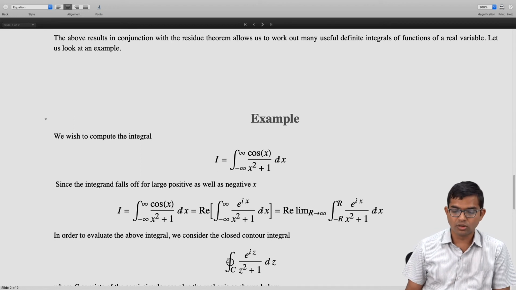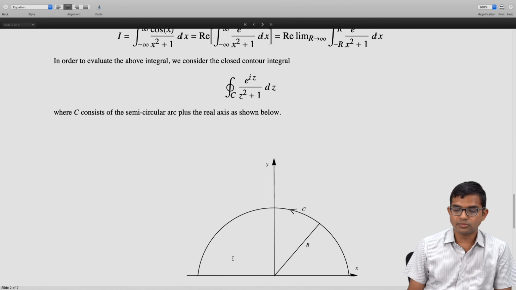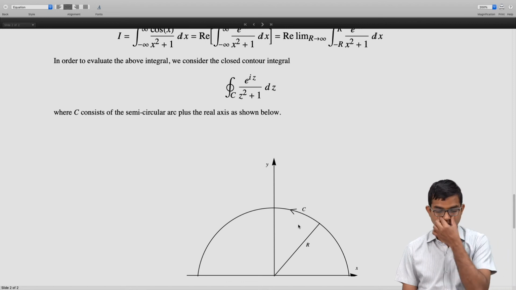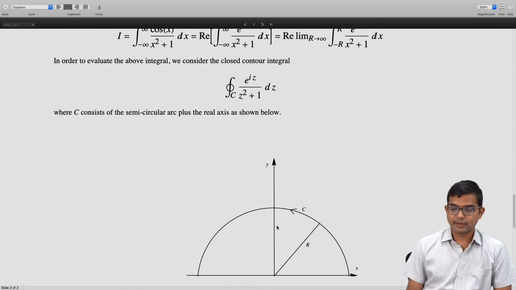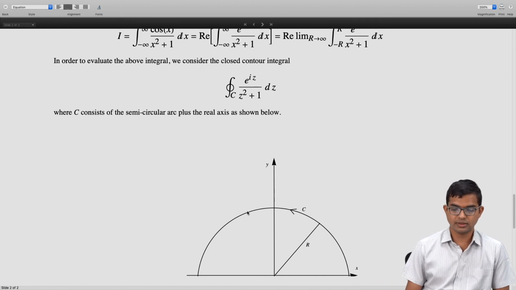And what is the contour? The contour is this big line segment along the x-axis, followed by the semicircular arc, and then you turn around and complete the loop, right? And then we of course want to imagine taking the limit R going to infinity in this case.